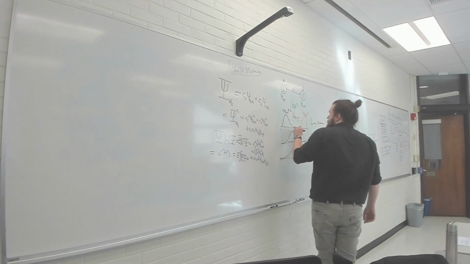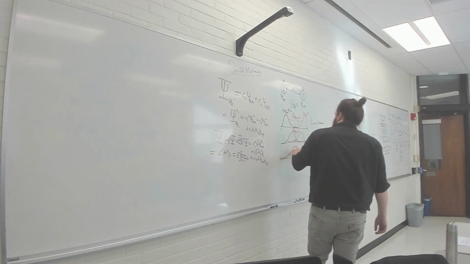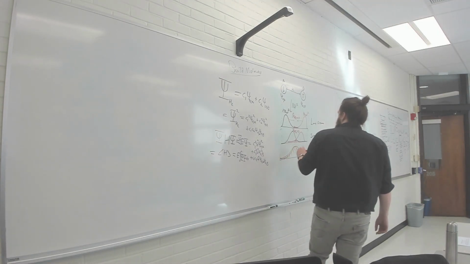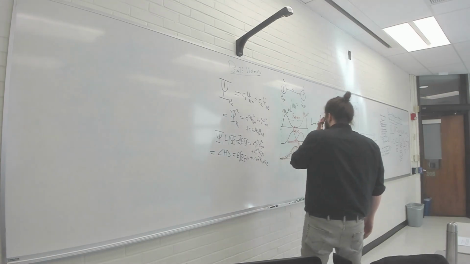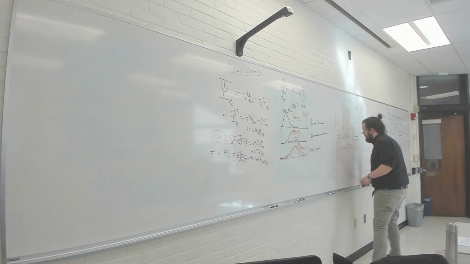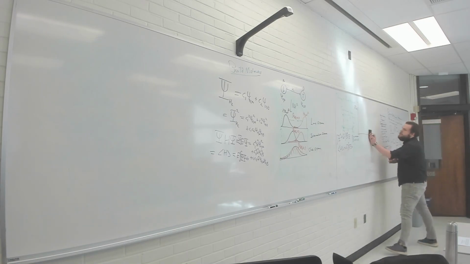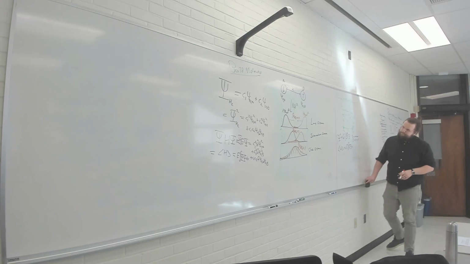So the integral of psi A, psi B is greater than 0 here. And then when they're completely overlapped, they both share basically the same area under the curve. They overlap almost completely. So here psi A, psi B is close to 1. I'll come back to this plot in a second.